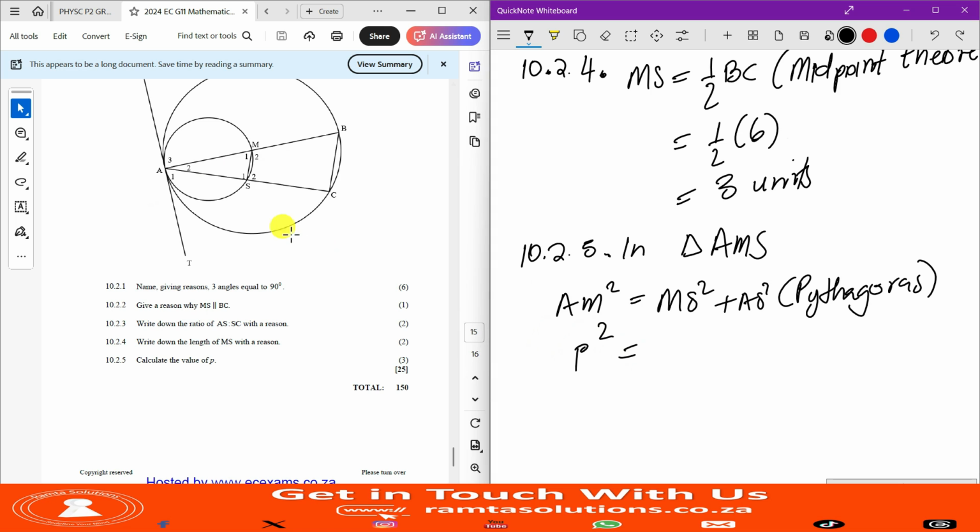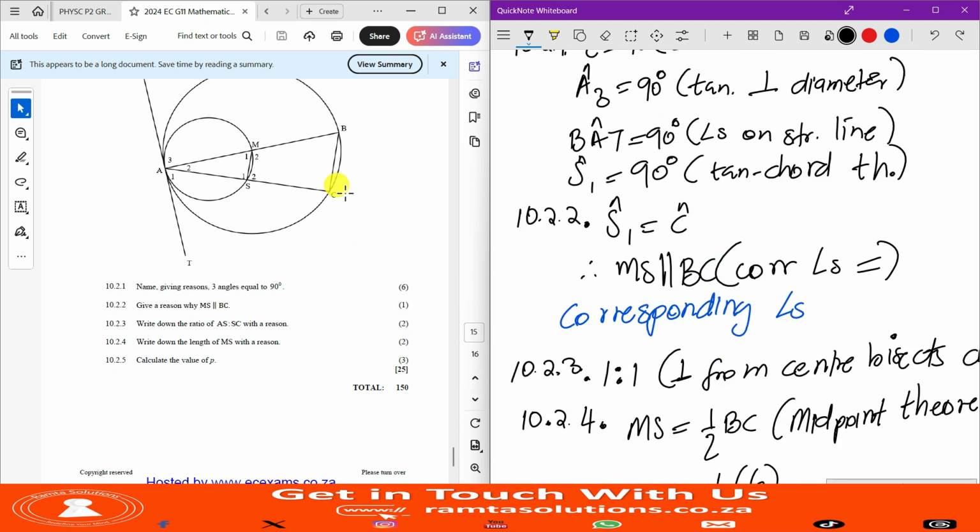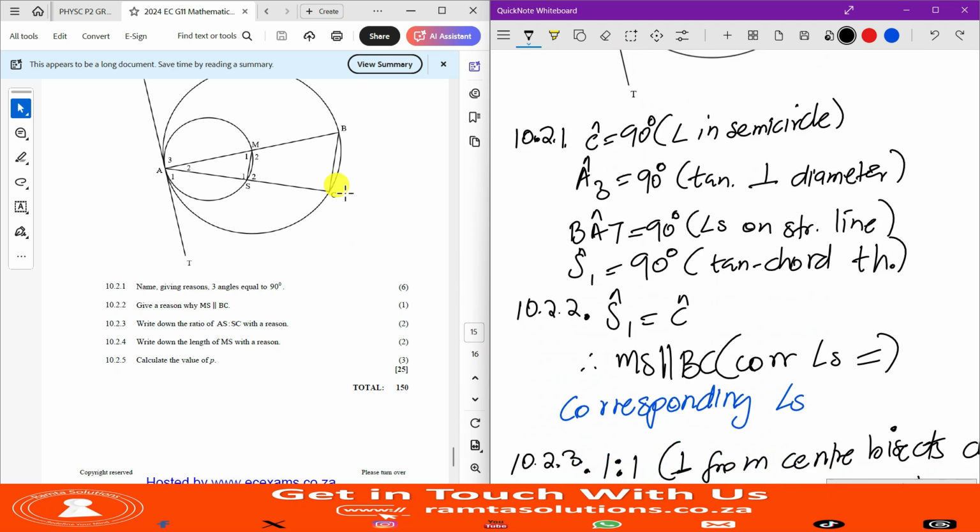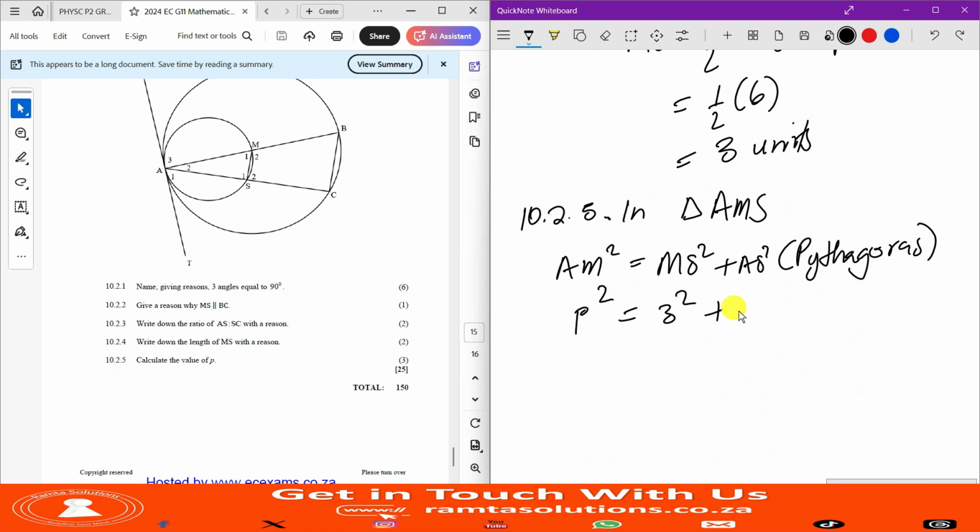What is MS? MS, we just found it to be 3. What is AS? It was given to us as P minus 1, squared. So this is P squared equals 9 plus P squared minus 2P plus 1.